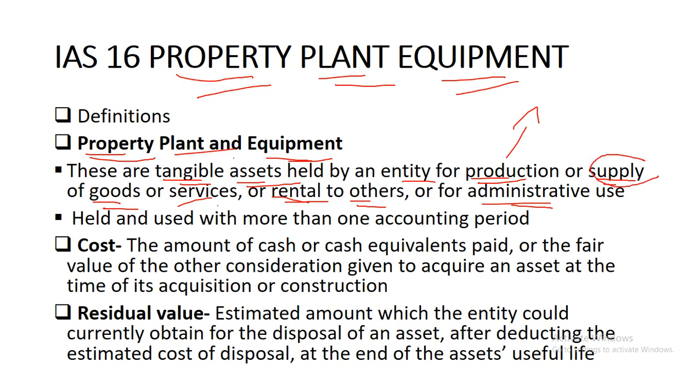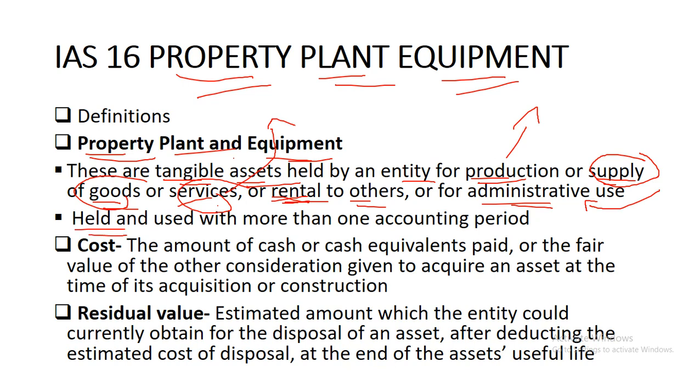Then assets which are used in the supply of goods or services, maybe a delivery vehicle, for instance, that's also a non-current asset, which is property, plant and equipment. Then for rent to others, where somebody is renting on a lease, this is found in leases. For this level, leases are not really as relevant. Then for administrative use, maybe a building that is used by the entity as office space, that's also a non-current asset.